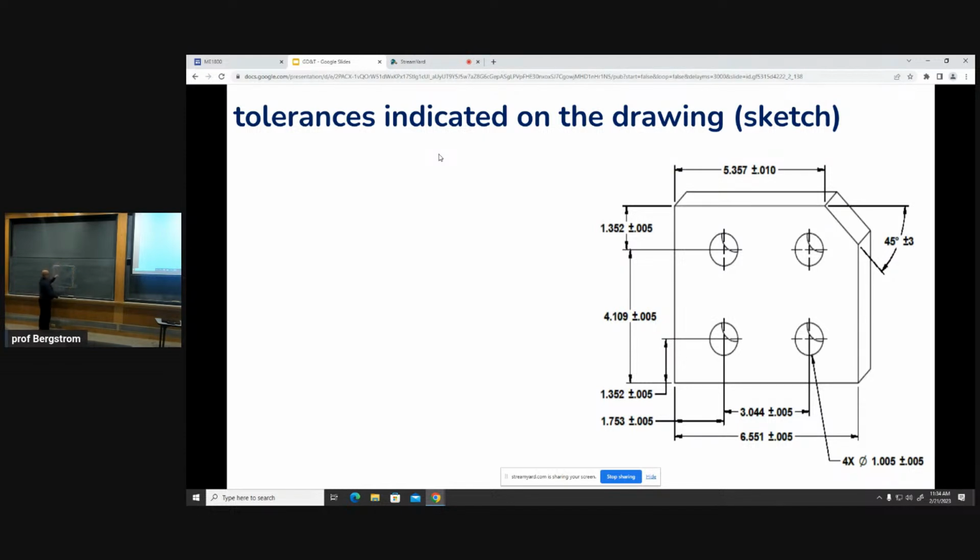I just have two sides that are, what are they? 1.352 plus 4.109. Somebody had a calculator. So this dimension is 5.461 plus or minus 0.010.